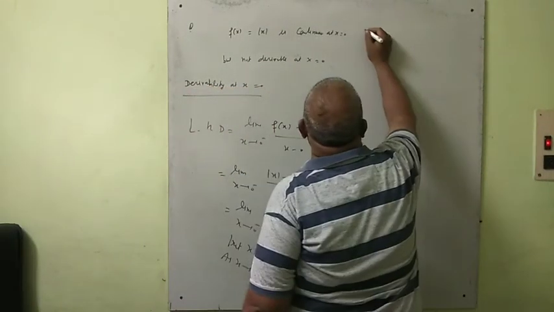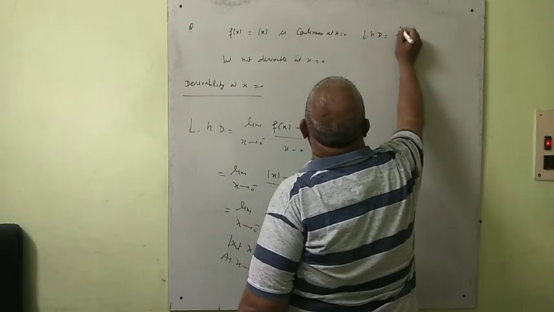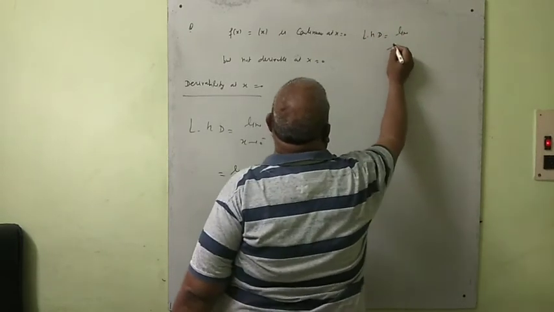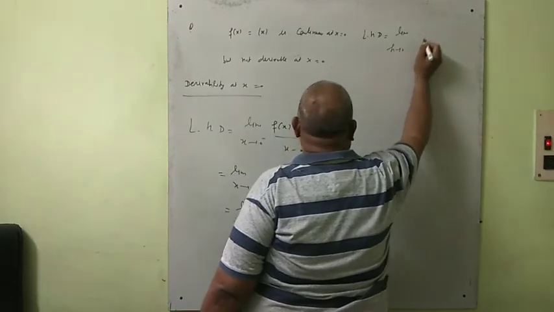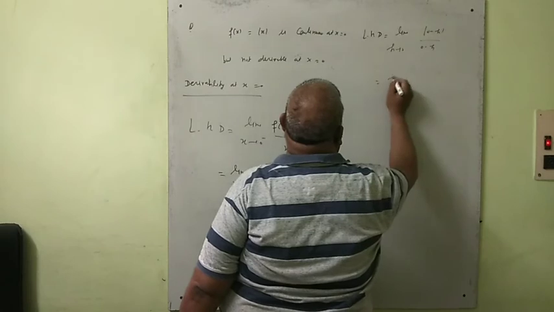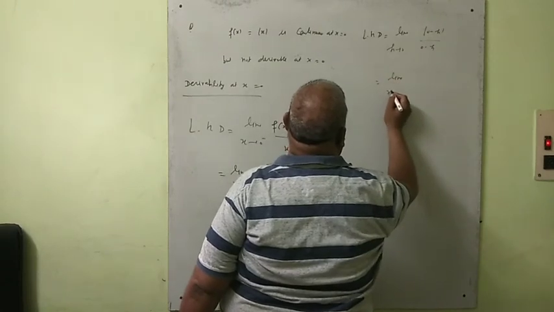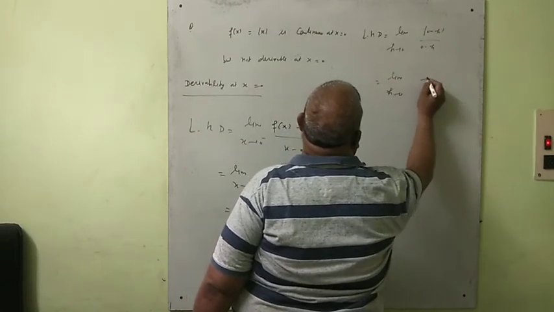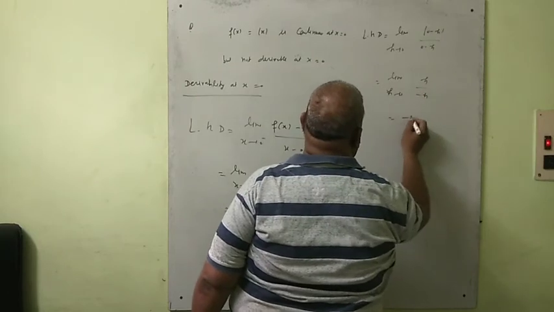It will become left hand derivative, limit h tends to 0, mod of 0 minus h, that is h upon minus h, it is minus 1.